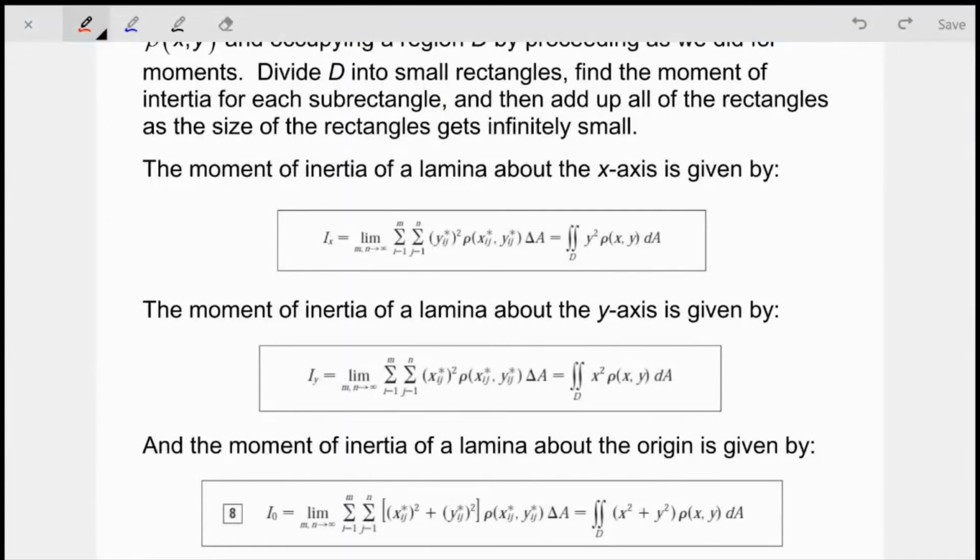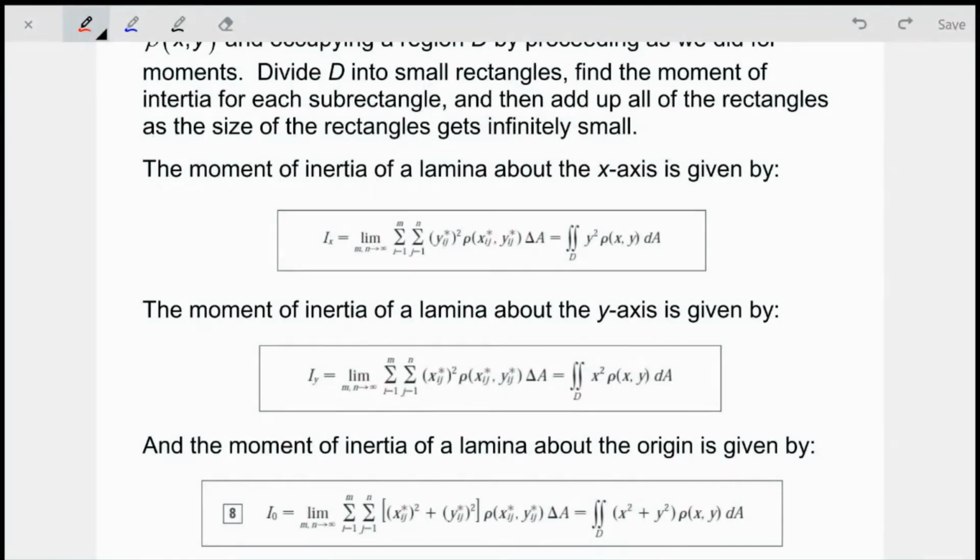So take a look at the setup here. It looks very much like what we had for the moment, except with moment of inertia, instead of a y, I have a y squared here. Okay, so then our double integral is going to add up all of those little pieces, and when we get all of those pieces, that's going to tell me essentially the tendency of that object to rotate about the x-axis.